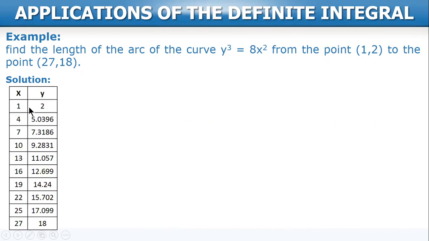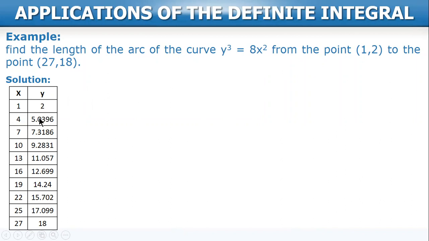So let's have this table. Assume x from 1 to 27, but you can just select several values of x, substitute every value of x, and then get the cube root to find y. For example, x = 4: 4 squared, 16 times 8, that's 128.